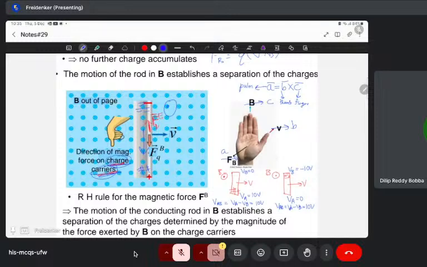The electric field is in the same direction, which is upwards. If electric field is in the upward direction, potential difference will be in the other direction. Because what is the direction of the gradient of the potential? It goes from smaller potential to higher potential. That will be the direction of the gradient of the potential.